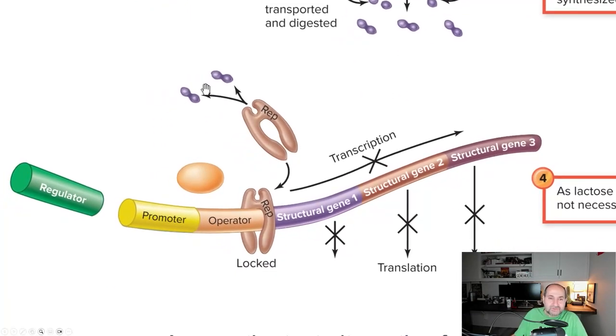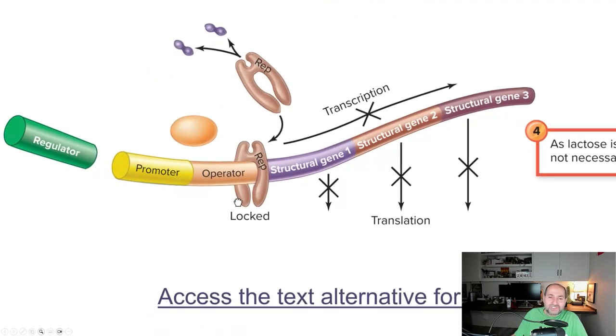And whenever lactose becomes deficient in the environment, let's say the lactose levels drop off, then the lactose will detach itself from the repressor. The repressor will again activate, bind down on the operator, turning off gene expression of this operon. Isn't that neat?